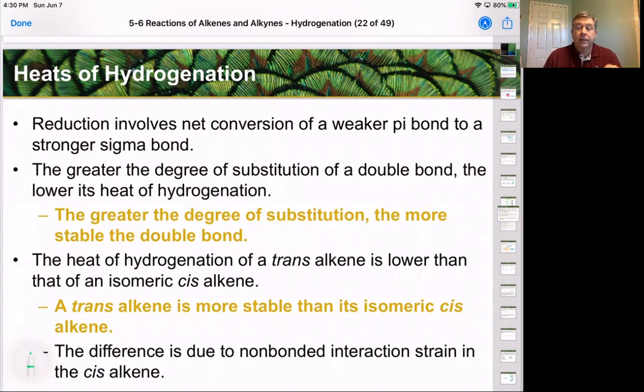The trans alkene is lower in energy than the cis alkene, meaning the trans alkene is more stable than the cis isomer. And the difference is due to the non-bonding interaction between those R groups, or those carbons, in the cis alkene.